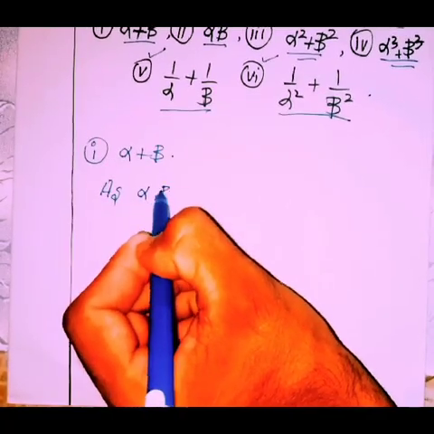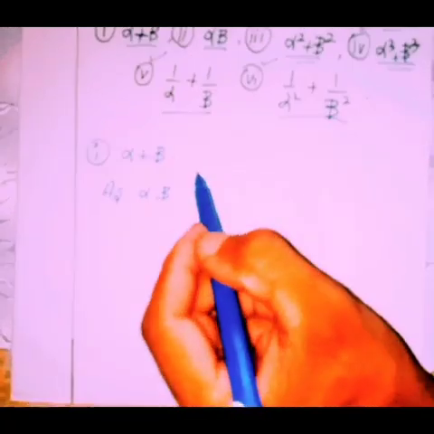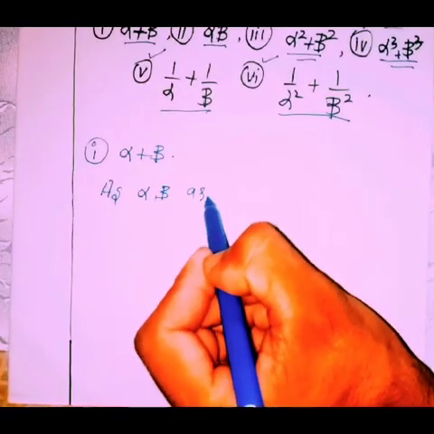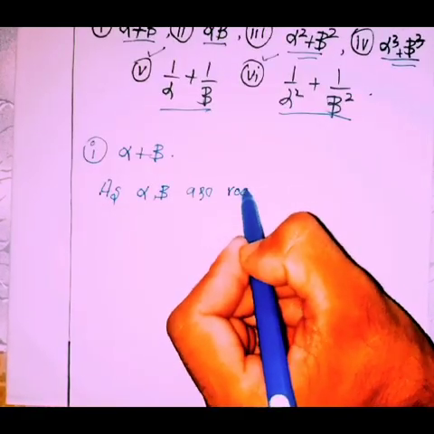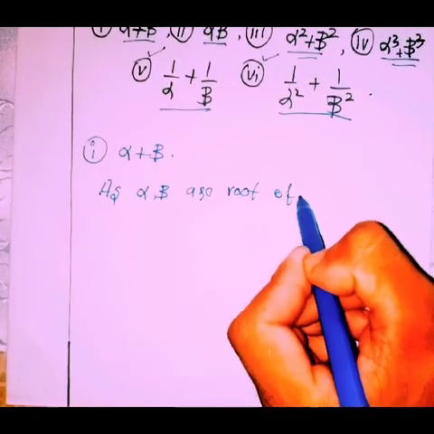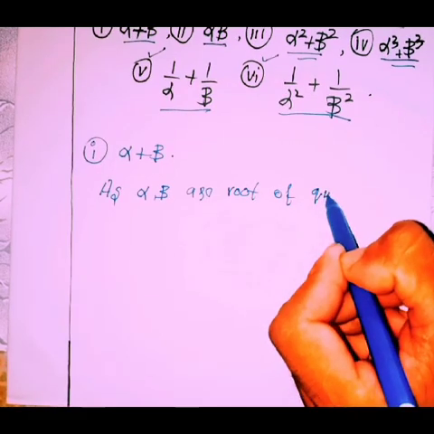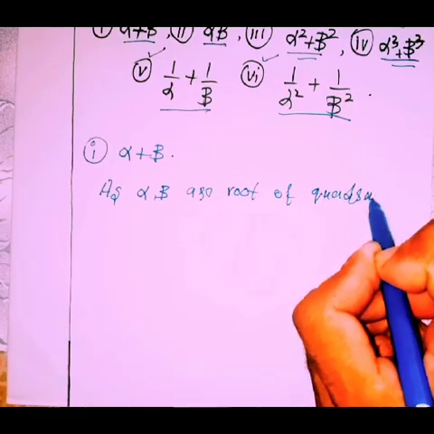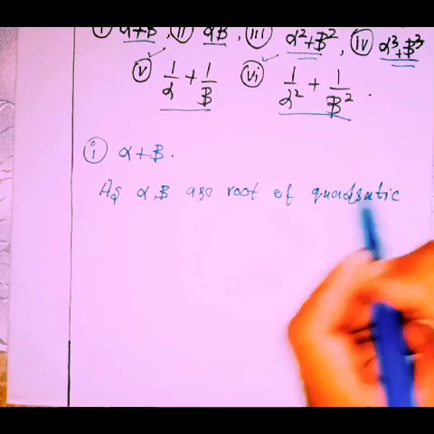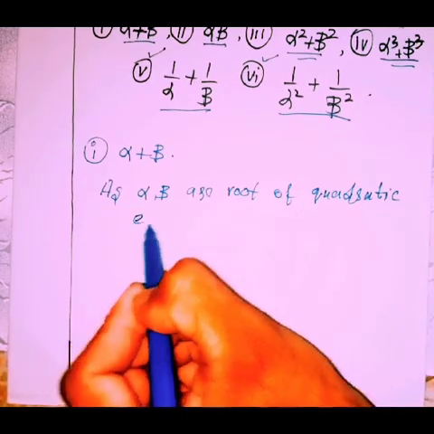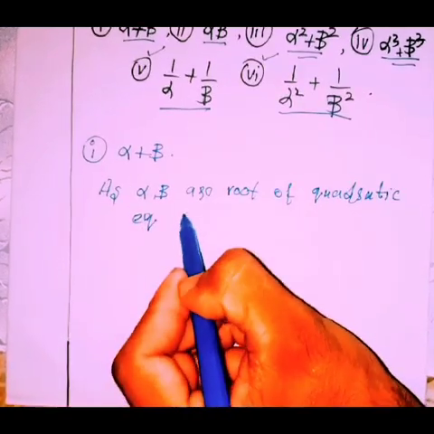Alpha and beta are the roots of the quadratic equation. We already discussed this in previous lectures and videos. The value of alpha plus beta is the sum of roots of a quadratic equation.